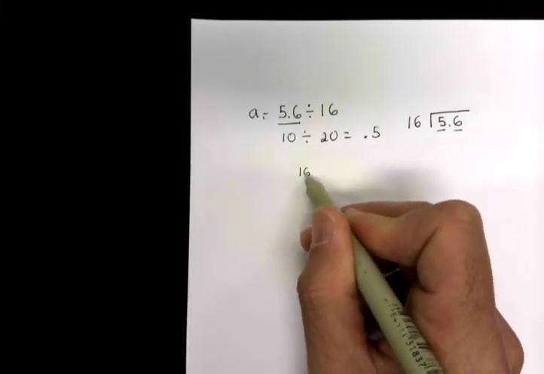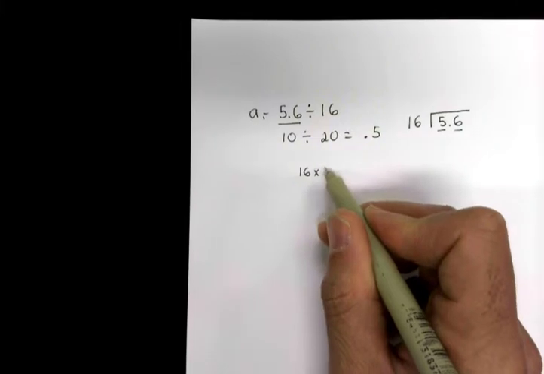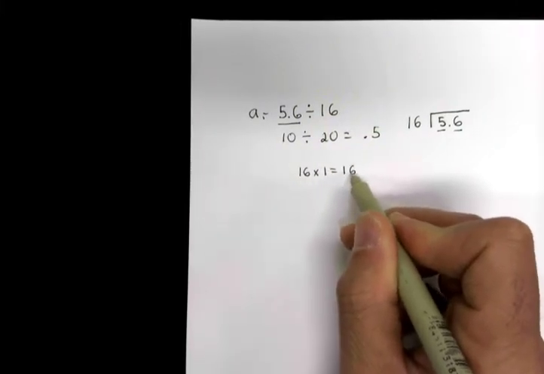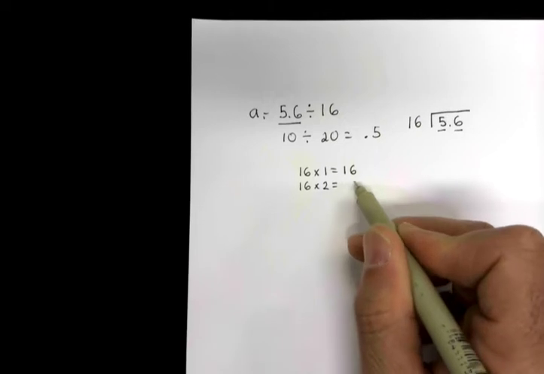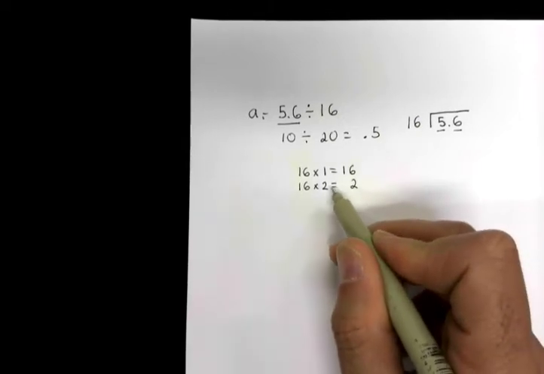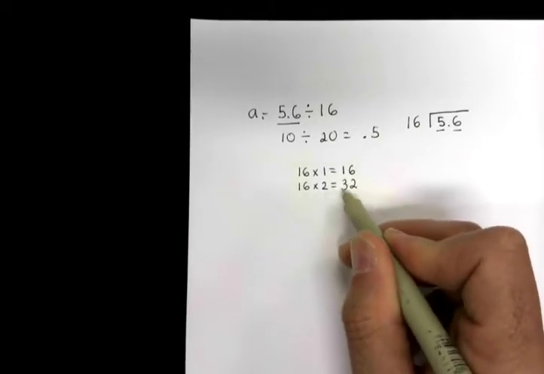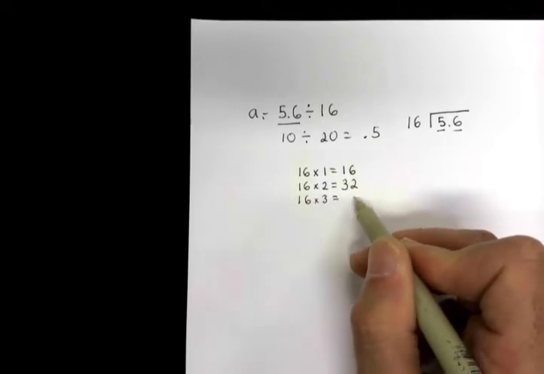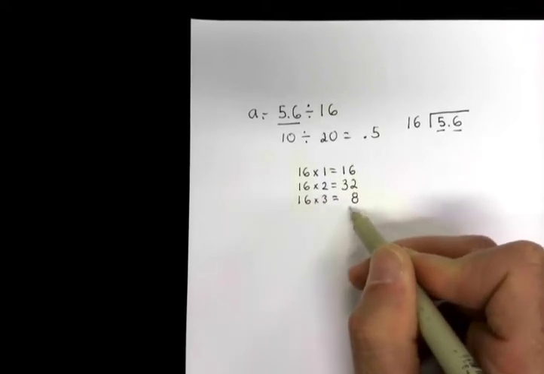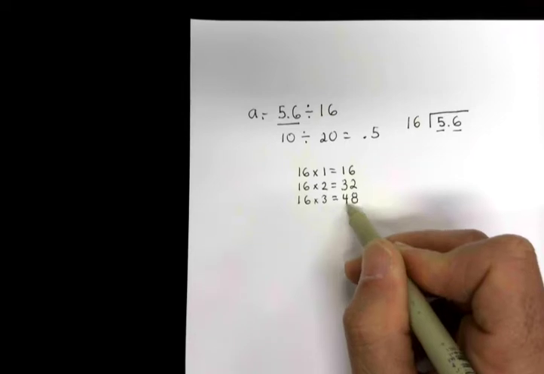Well, let's go to the times table. Let's create a structure. 16 times 1 is 16. 16 times 2 is 32. 16 times 3 is 48.